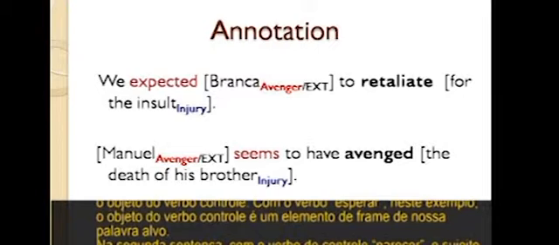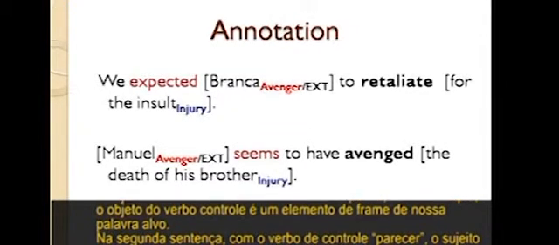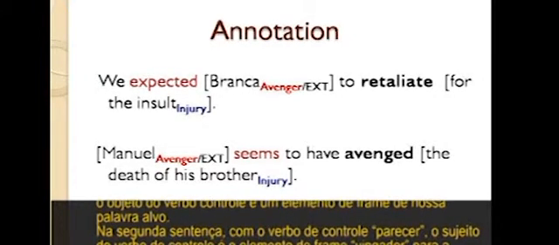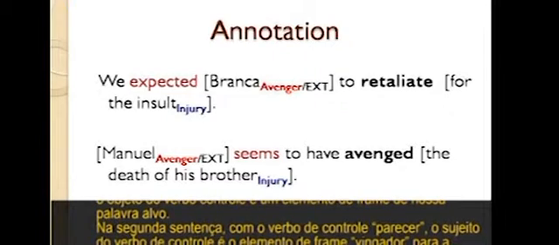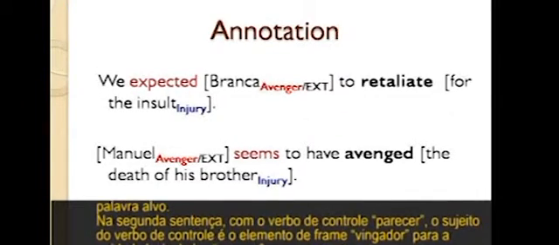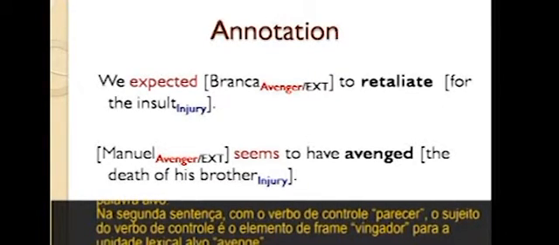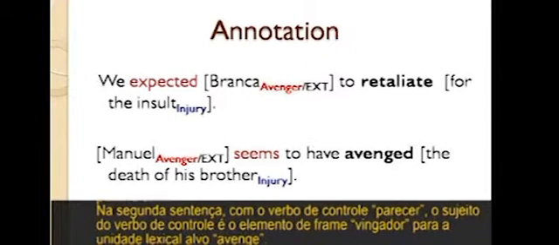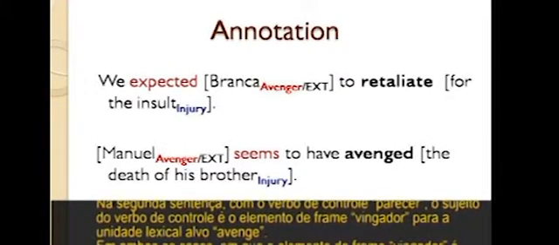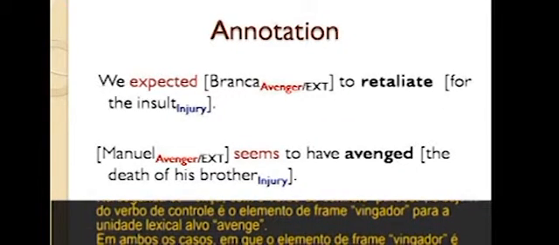Because of the way the verb expect works, the frame element Avenger for the target retaliate is the object of the control verb, right?